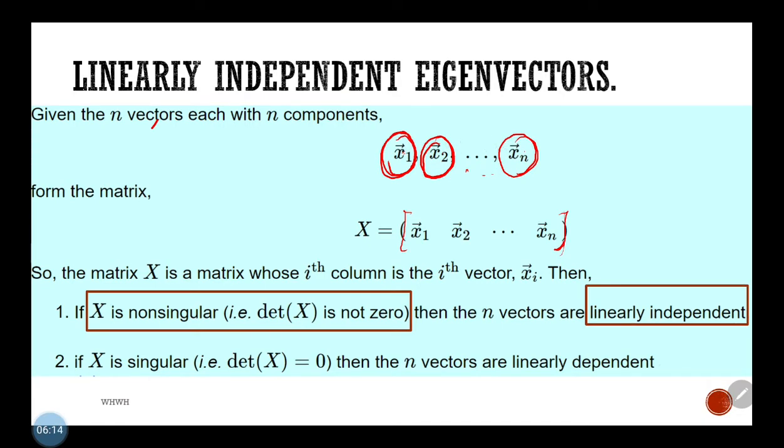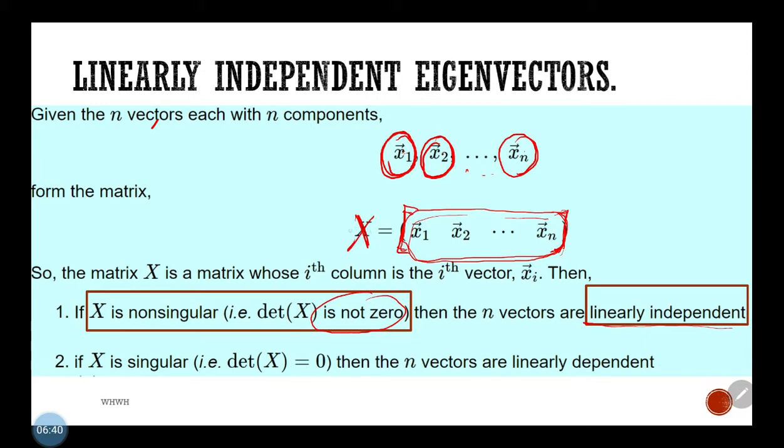Find the determinant of this matrix X, which combines all the eigenvectors. If the determinant is not equal to 0, then the n eigenvectors in this matrix are linearly independent.